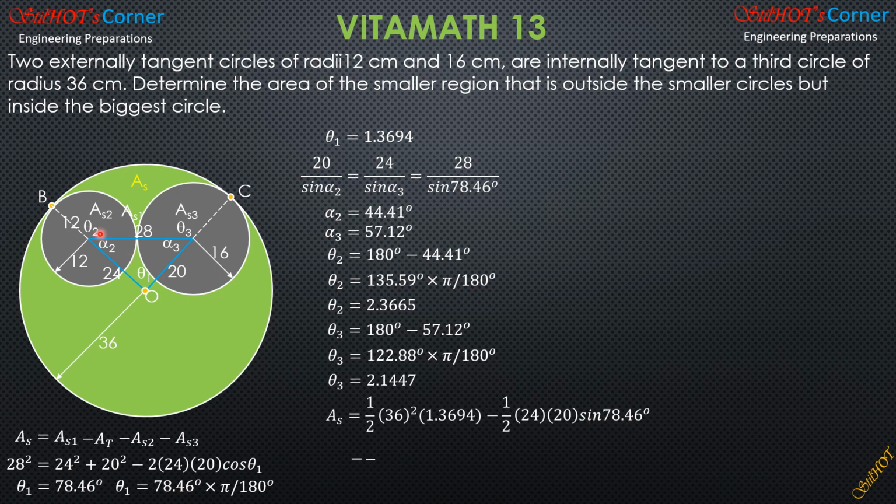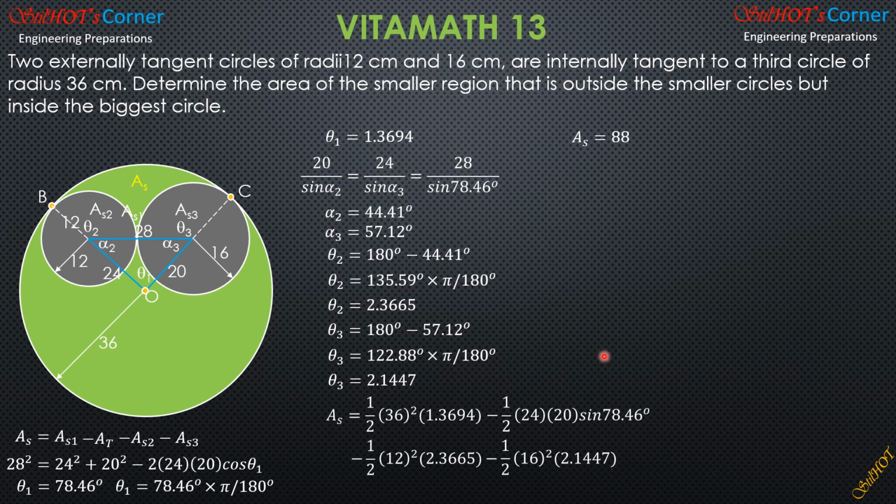Then minus area S2, which is one-half times 12 squared times theta 2 in radians, 2.3665. And finally minus area S3, one-half times 16 squared times theta 3 in radians, 2.1447.